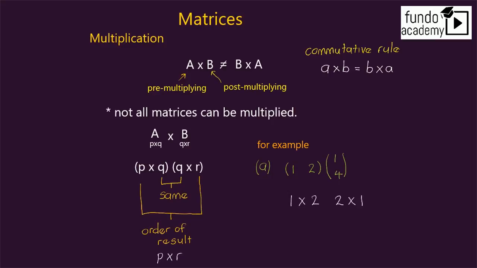The values here should be the same, and in this case they are: a 2 right here and a 2 right there. So these two matrices can be multiplied. Had they been different, we could not multiply the two matrices. The result will come out as a 1 by 1 matrix.